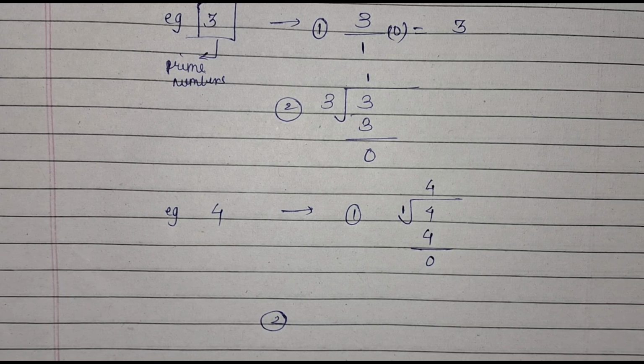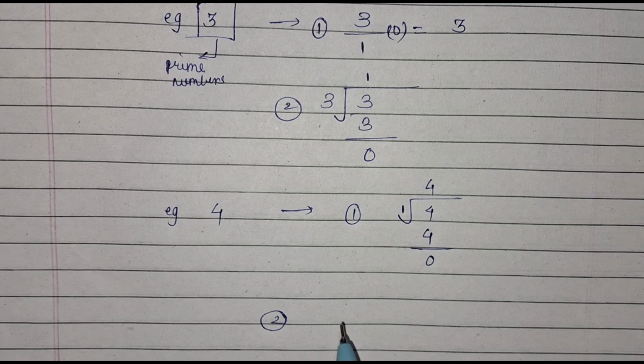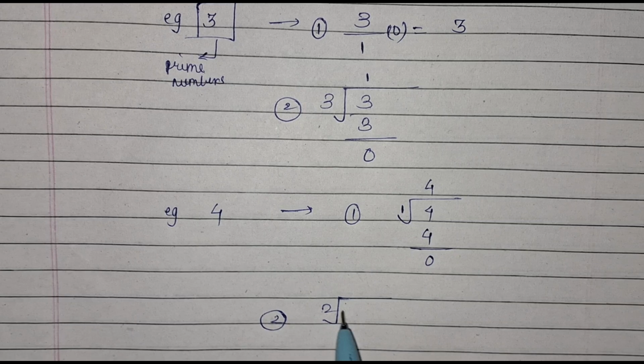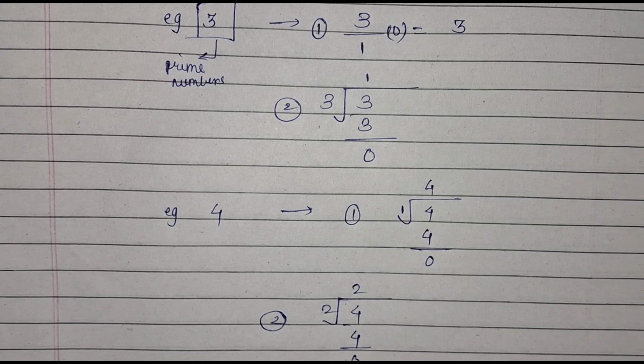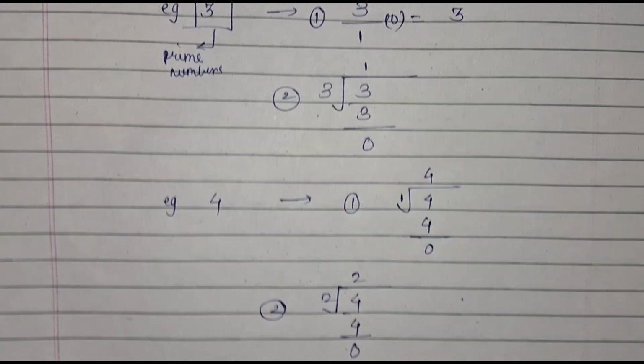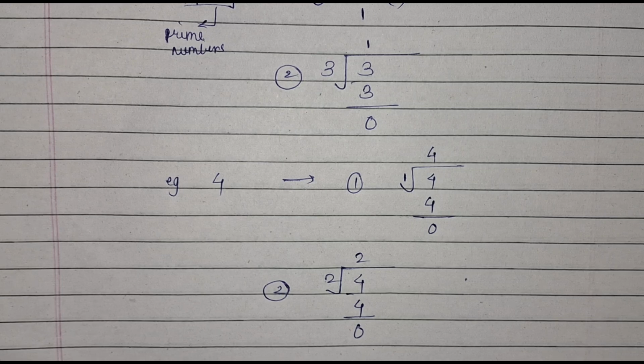Is 4 divisible by other numbers or not? Let's check. Is 4 divisible by 2? Yes, it is divisible by 2. Since it is divisible by 2, 4 is not a prime number.